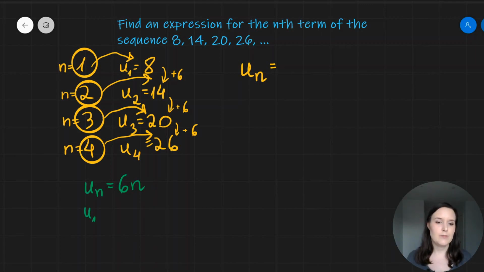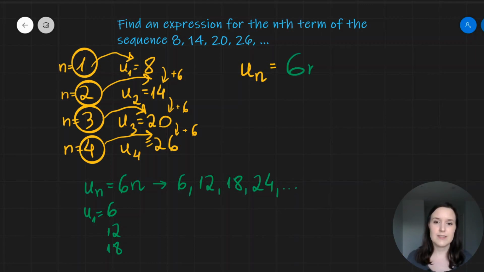Because then u1 will be 6, then the next one will be 12, 18, and so on. So for un equal to 6n, you get the difference of 6 between the terms. But this is not quite what we wanted to get, because actually in our sequence, it is not 6, 12, 18, and 24, but it's a good start.